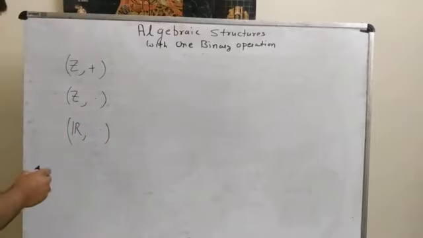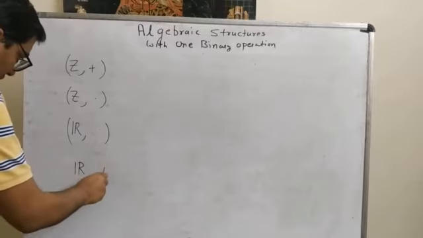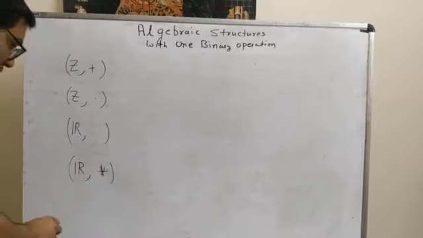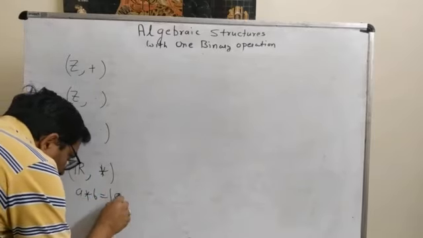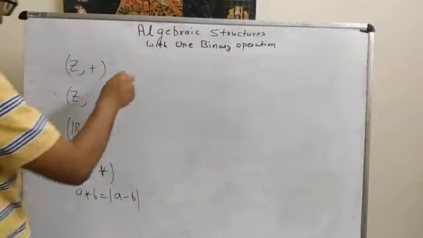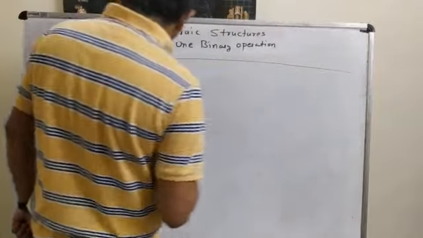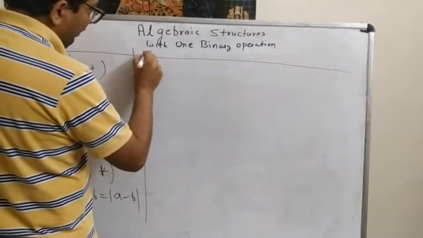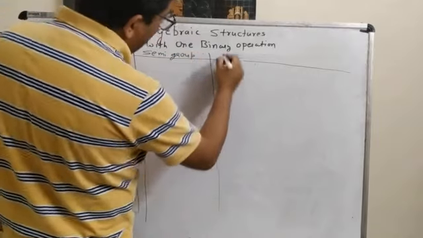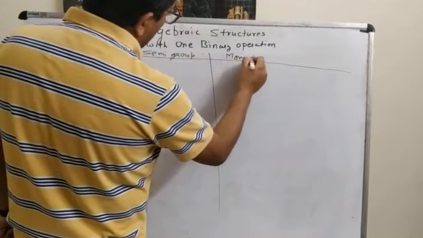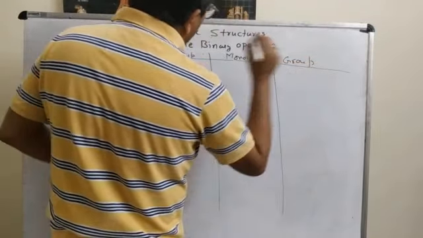Now let us take the set of real numbers with the operation star, where A star B is equal to mod of A minus B. Now let us see whether these algebraic structures are groups or not. We first check whether it is a semigroup, then monoid, and then finally whether it is a group or not.